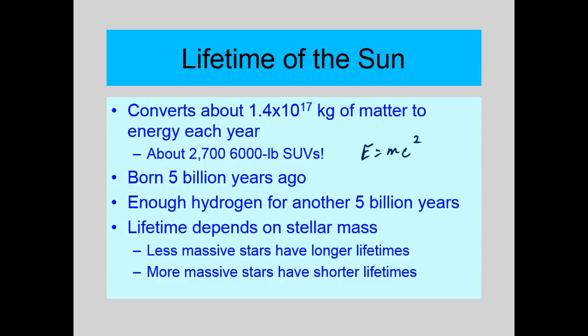Multiply that by 10 to the 17th, and you've got an enormous amount of energy going on. Which means, though, that the sun is losing mass constantly. That's about 2,700 3-ton SUVs a year. Each year it is losing that much mass.